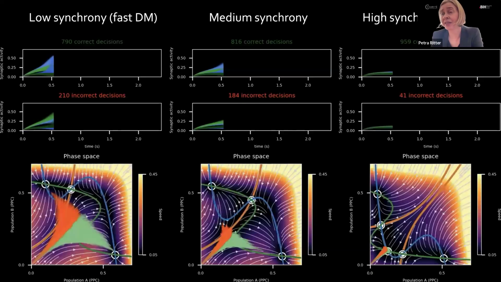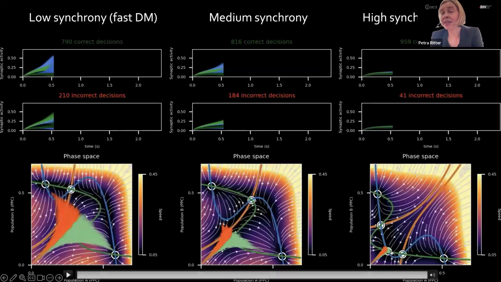And we see that here we have a fixed point in the midline that keeps the system trajectories in a balanced state. They cannot go to either of the two attractors or fixed points. They cannot take decision A or decision B. They are stuck here in the middle. And this means the system remains balanced, and this gives the system more time to integrate the incoming evidence. Let's now continue.